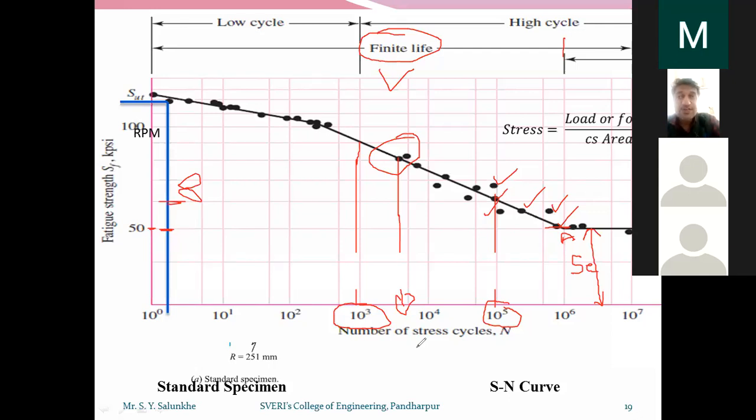Why? Because they know that some parts have limited life, and those parts have to be replaced after a certain interval of time. Getting me? There are a number of parts which undergo this type of stresses, that is, fluctuating stresses or completely reversed stresses.